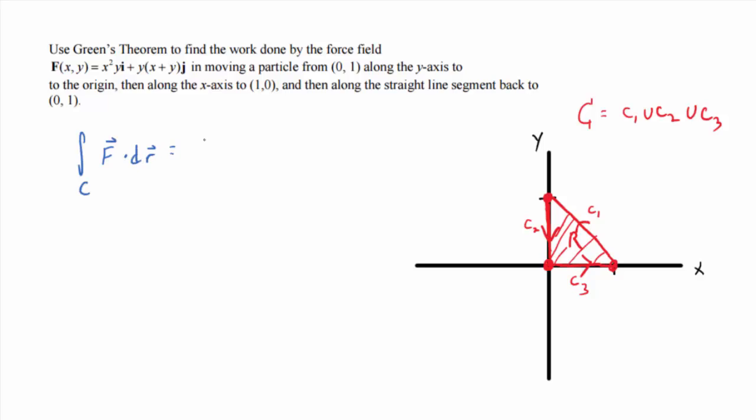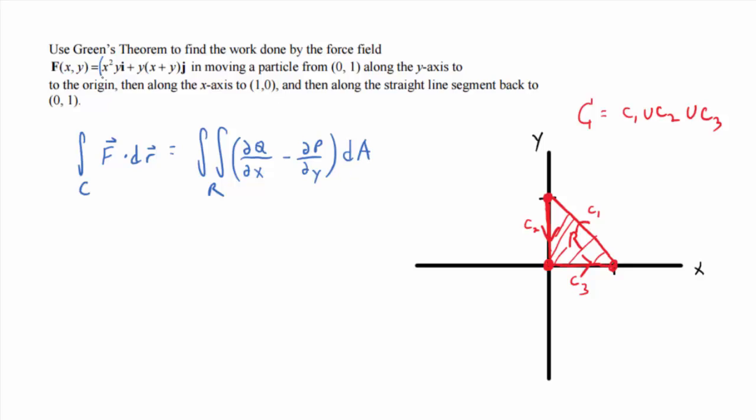And that's the double integral over what I called R over here of, okay, remember what it is? dQ/dx minus dP/dy. What's Q and P? Well, the components of the vector field, right?